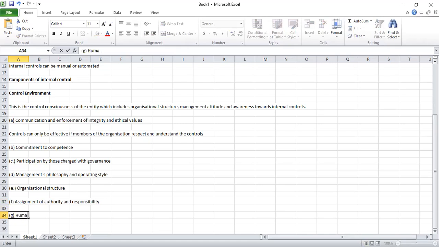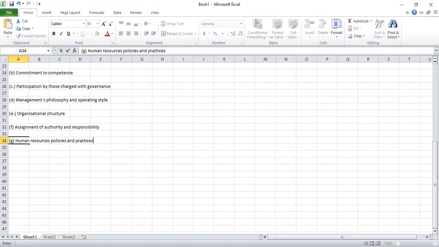Then we've got human resources policies and practices. We should have practices that help our members to work within an environment that ensures that everything goes well. Train them.